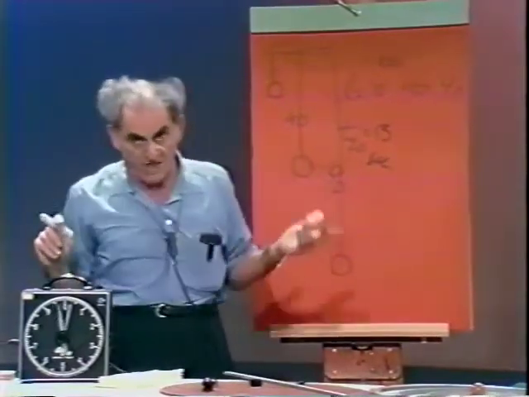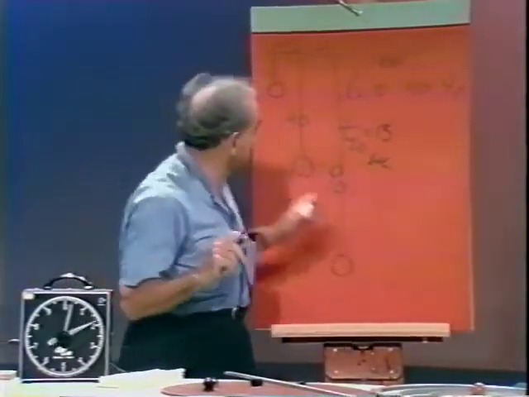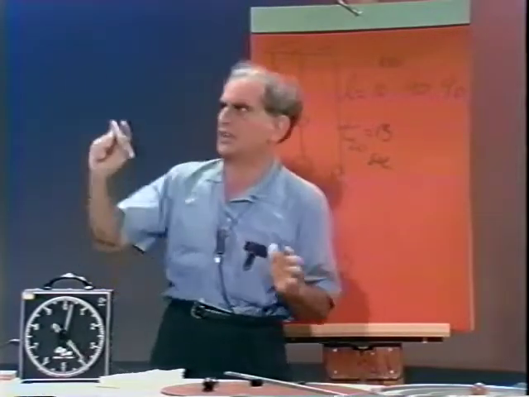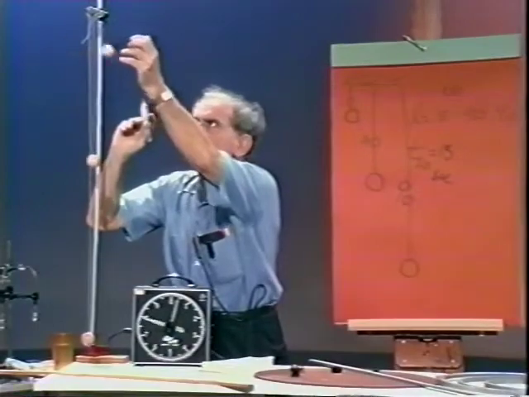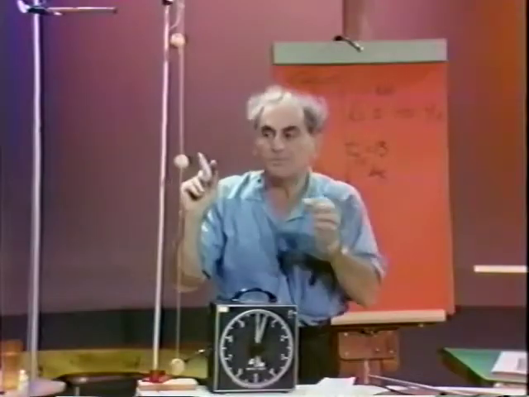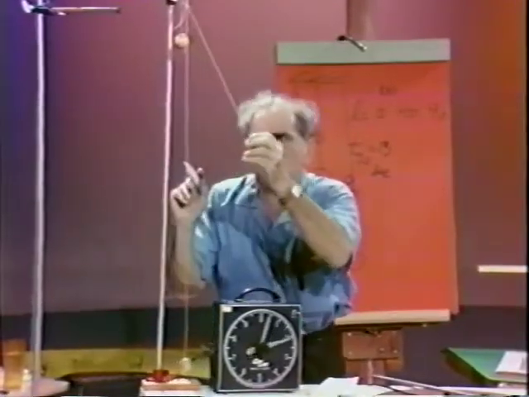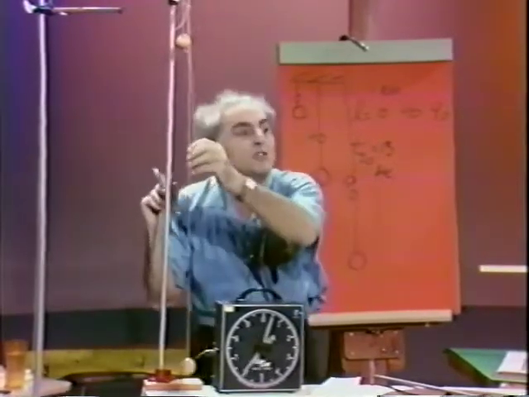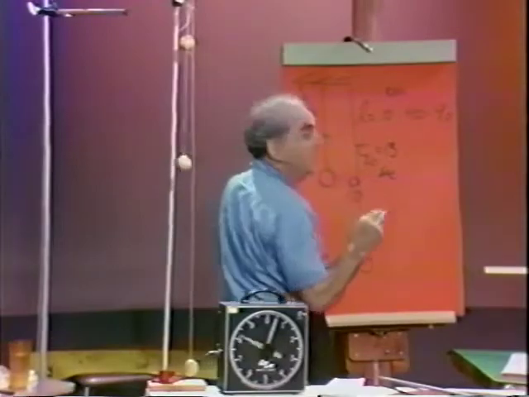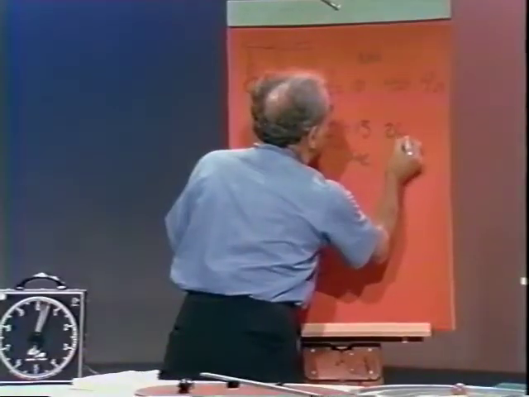And if you were in Australia, you would get a different time, because little g is different from place to place on the Earth. So I count 20 oscillations, and I get 13 seconds. Now I do it all over with this one. And I count 20 oscillations. And what would I get? I would get about 26 seconds.